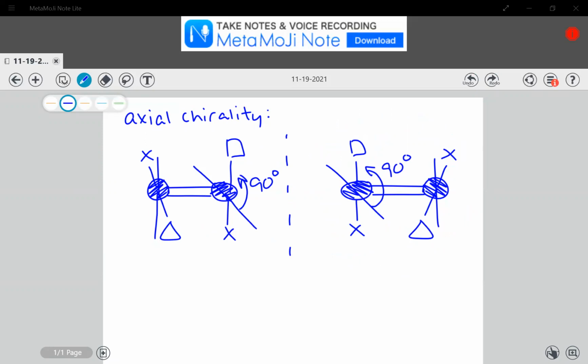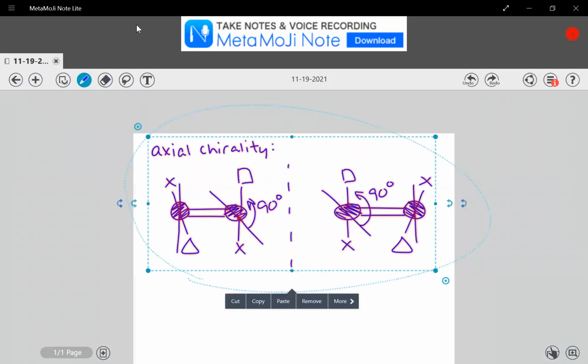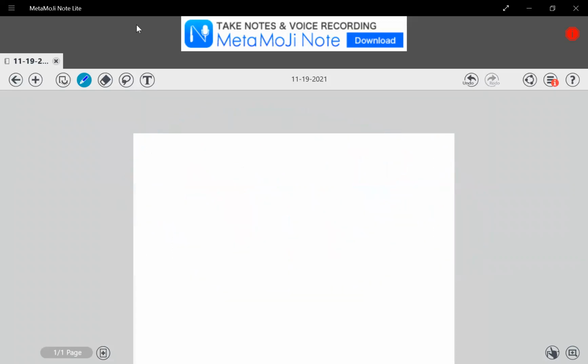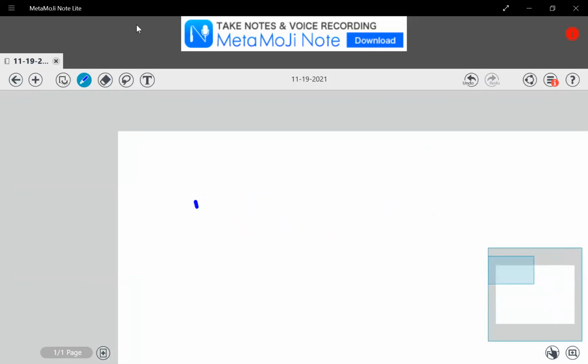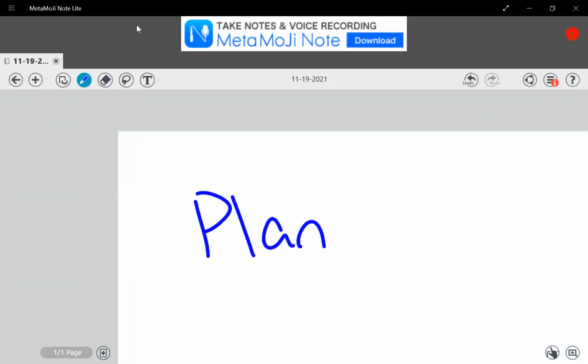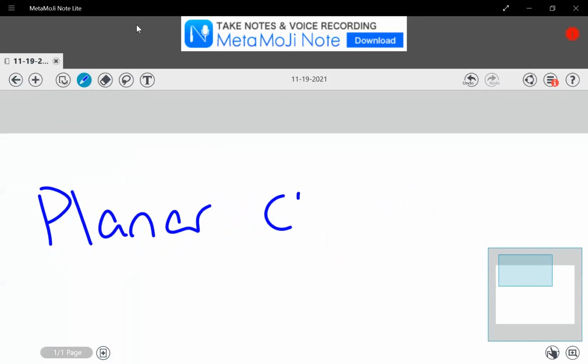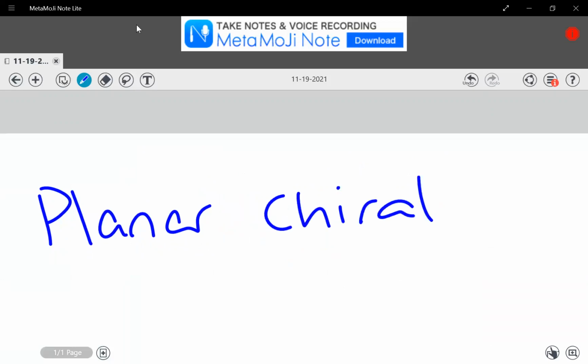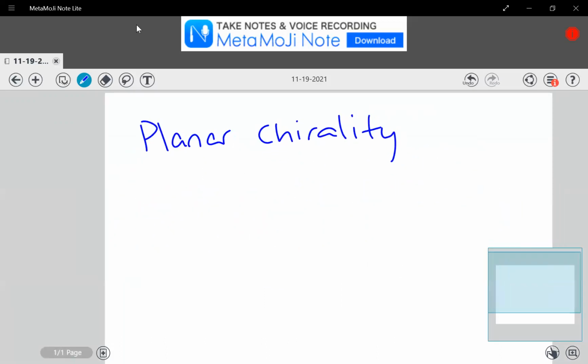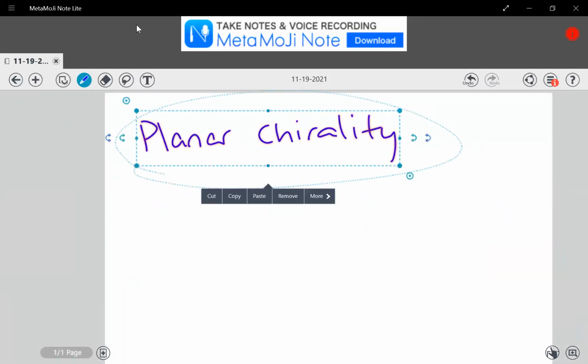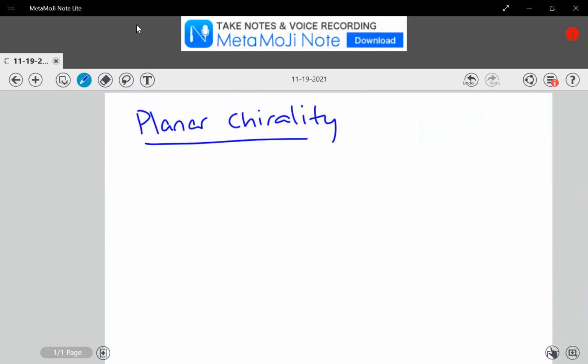Now, really quick, before we do any CIP and RNS stuff, we're just going to go over the final type of chirality. Planar chirality.